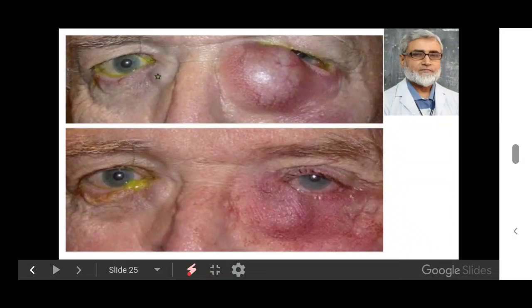So this is regarding the eyelid and, in short, the clinical condition of chronic blockade of the nasolacrimal duct leading to chronic dacryocystitis.